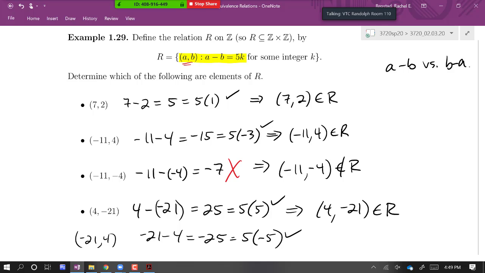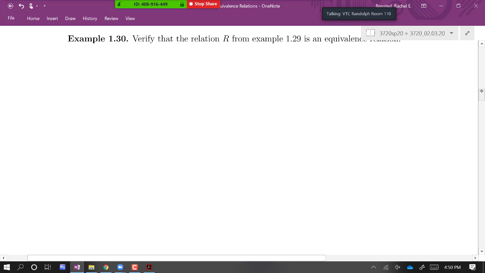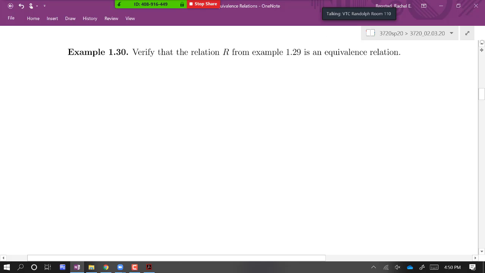In fact, we're going to show it. In this next example, we're going to prove that this is an equivalence relation. It's probably a good one to end on for the class, so it'll take a little while to do.